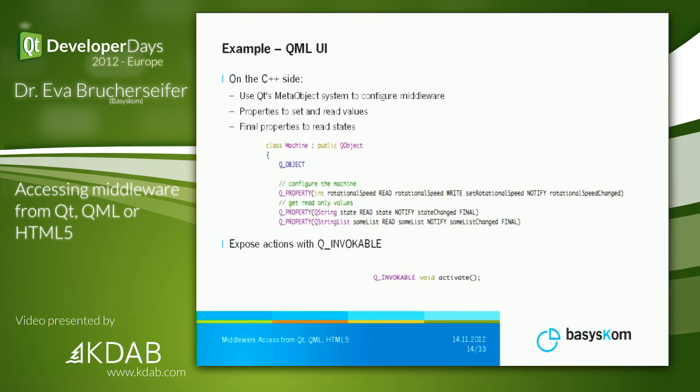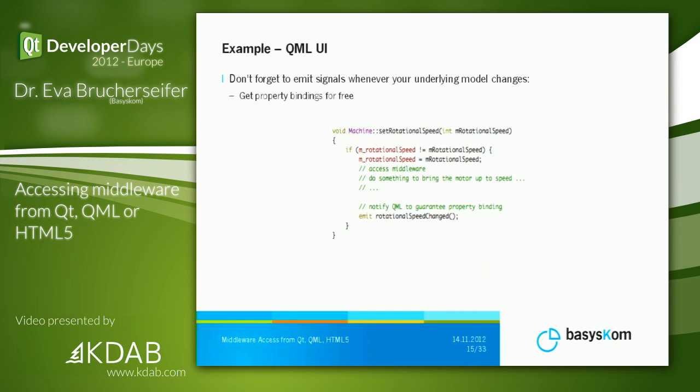It's done with Q_PROPERTY. You just have, for example, the rotational speed. You can write a Q_PROPERTY, set it to rotational speed, set the getter and setters, set the signal with NOTIFY, and let's see how we set the rotational speed.